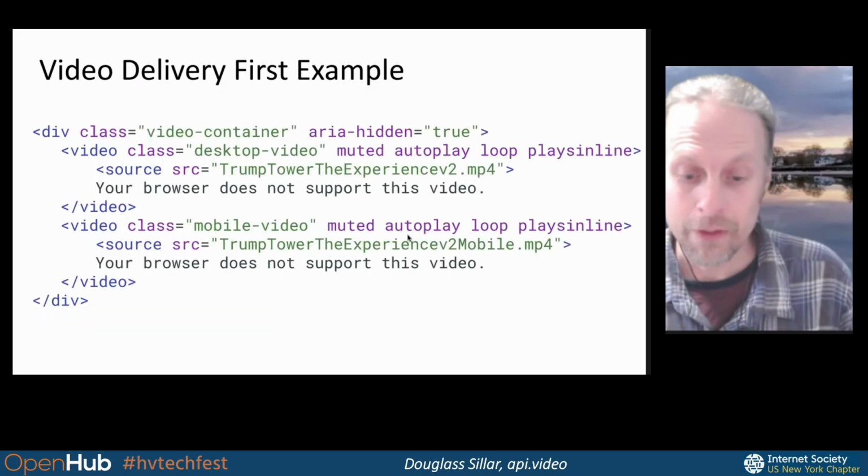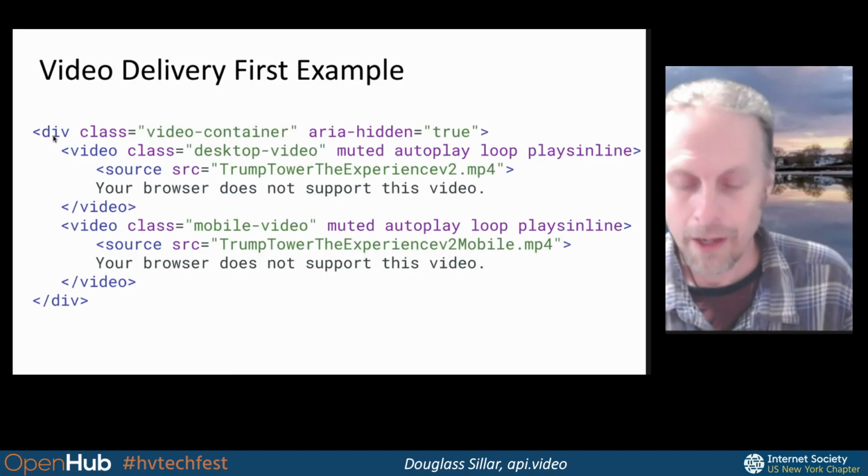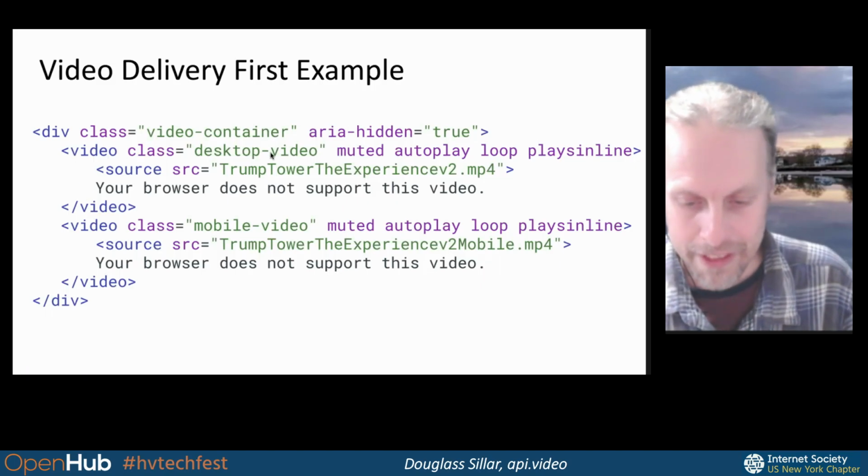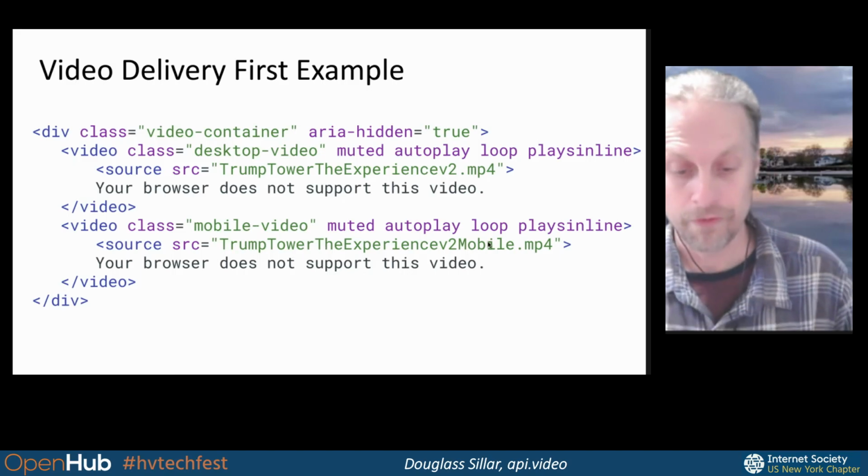So this is the video tag that's inside that web page. And you can see there's a div that's the video container. And then we have a video tag for the desktop video, which loops. And it's Trump Tower, the experience. And then there's a second video tag for mobile video that has the mobile version.